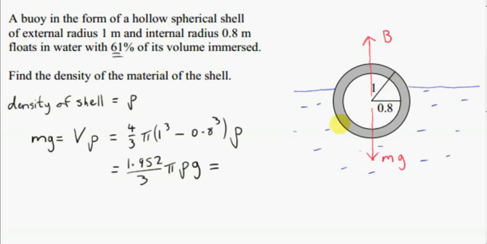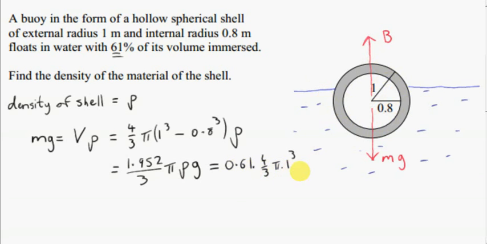Okay, so the volume of the immersed sphere is 0.61 times 4/3 pi times 1 cubed. That's the volume of the entire sphere with radius 1.